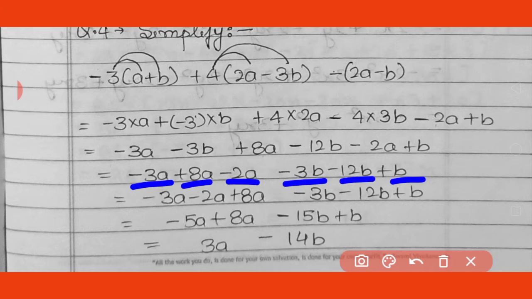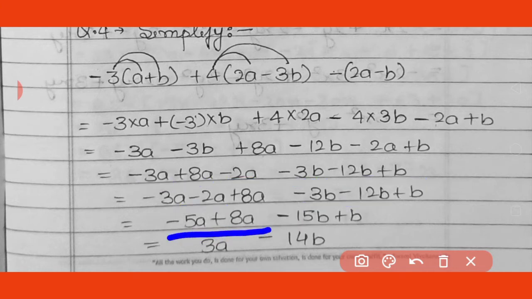Whichever terms can be added: for example, minus 3a and minus 2a can be added because both are negative terms, and negative terms can be added but their sign will remain. So it becomes minus 5a, and here minus 3b and minus 12b added become minus 15b. So it became minus 5a plus 8a and minus 15b plus b.